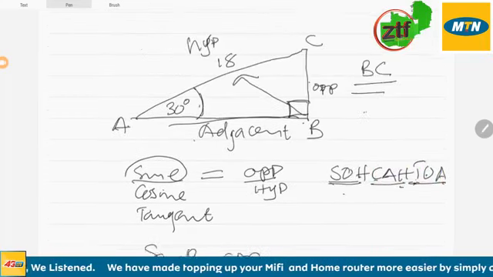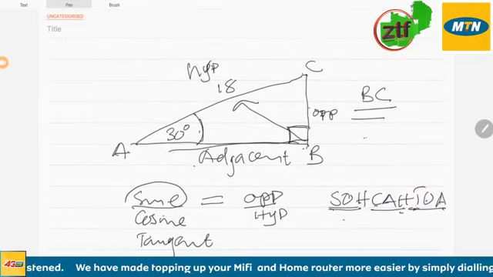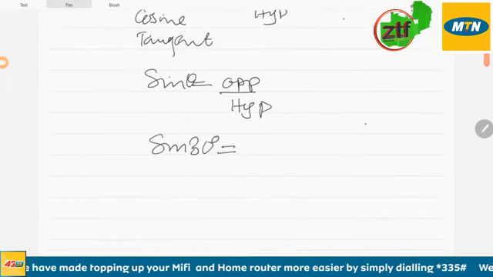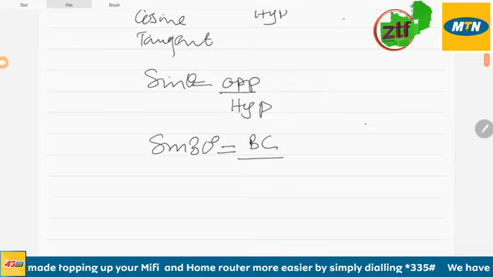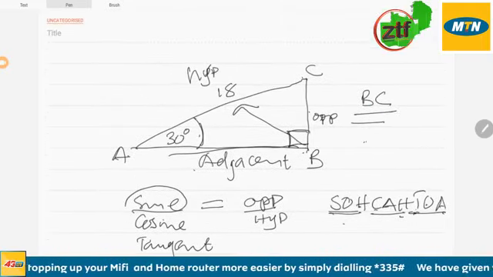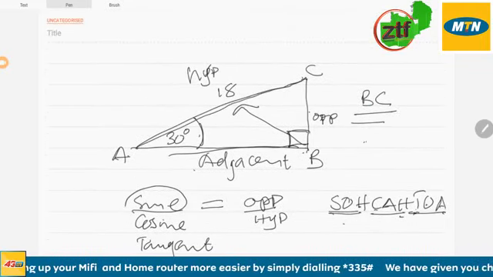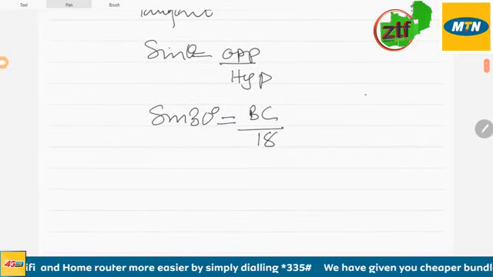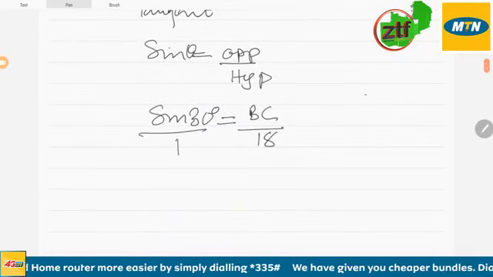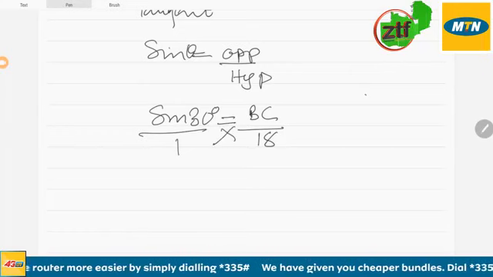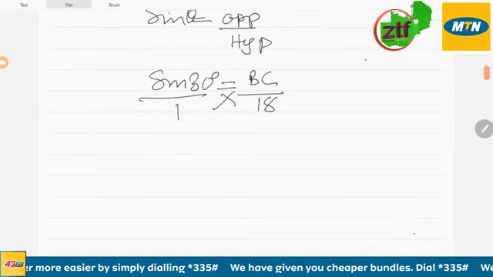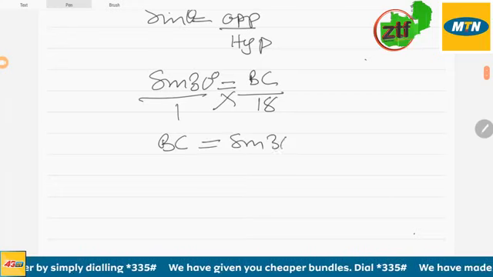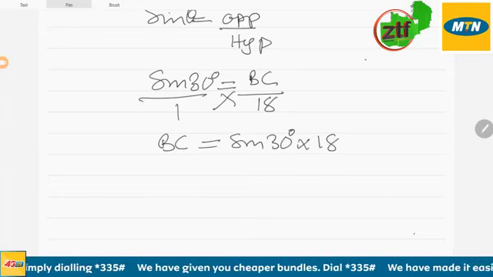The opposite is simply the side that we've been asked to calculate, and this is BC. So BC over, what is the hypotenuse? The hypotenuse, which is the longest side in this triangle, is simply 18. Now, we can cross multiply to find the value of BC. So BC now equals sine 30 degrees times 18.